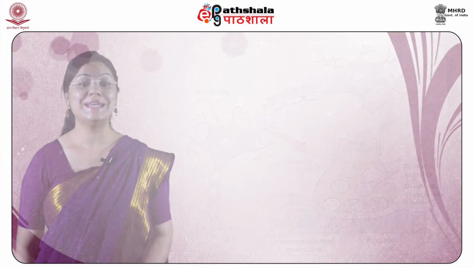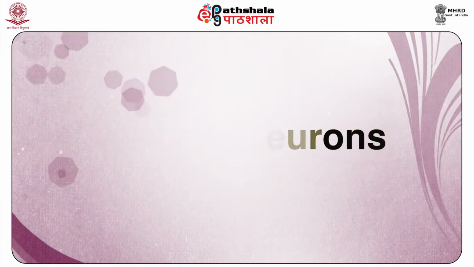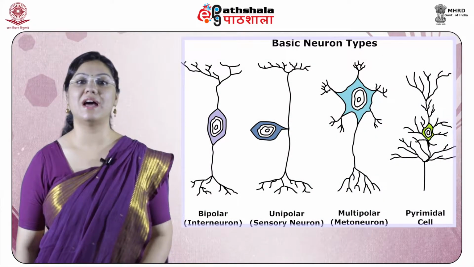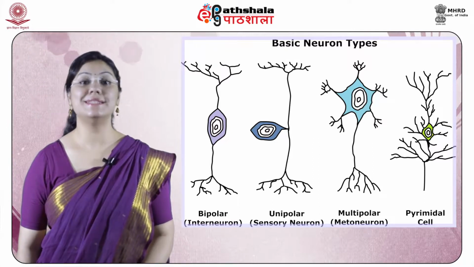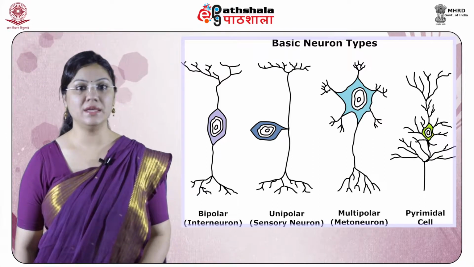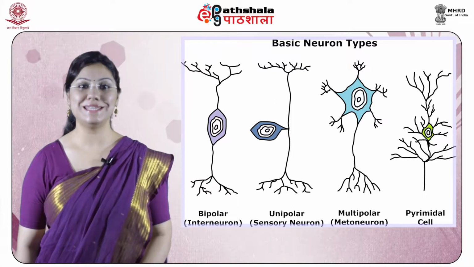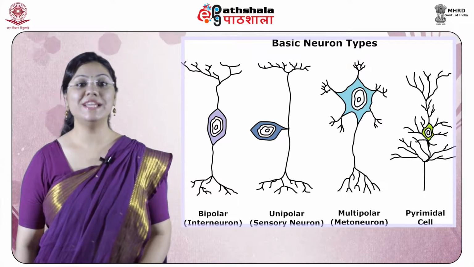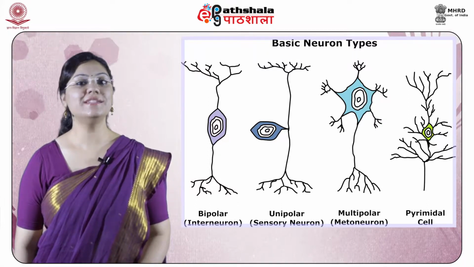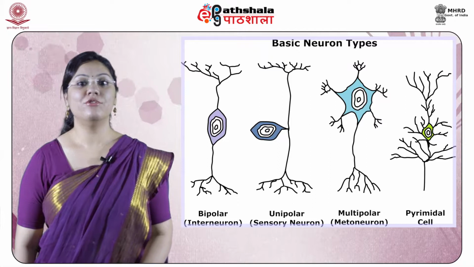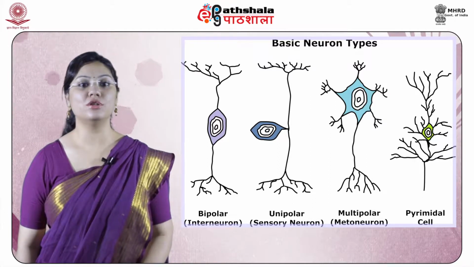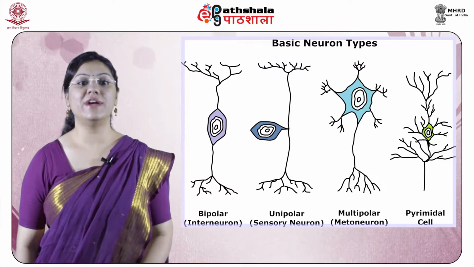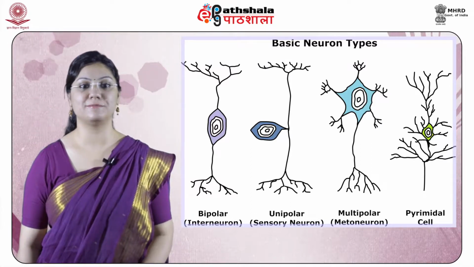neuron. Types of neurons. According to the functions they perform, neurons can be classified into A. Sensory neurons, B. Motor neurons, C. Interneurons. Sensory neurons relay information related to the external stimuli from the sensory organs to the brain or the spinal cord, where the information is processed.